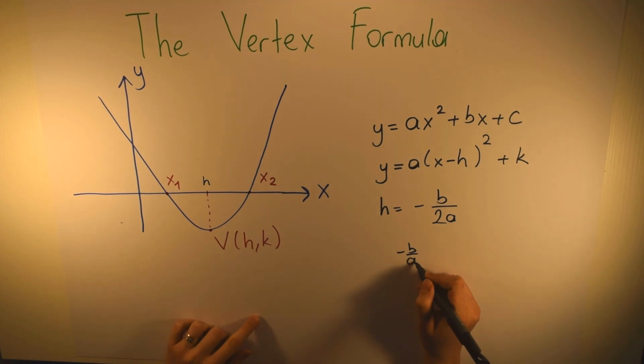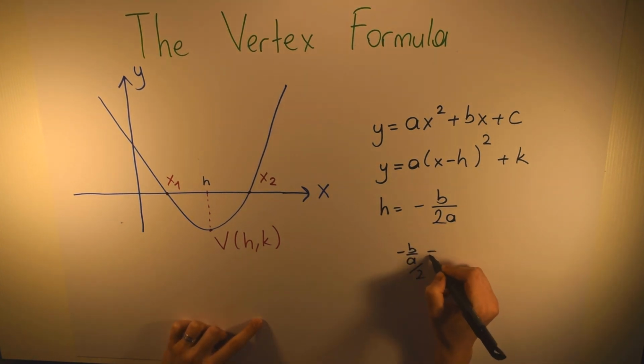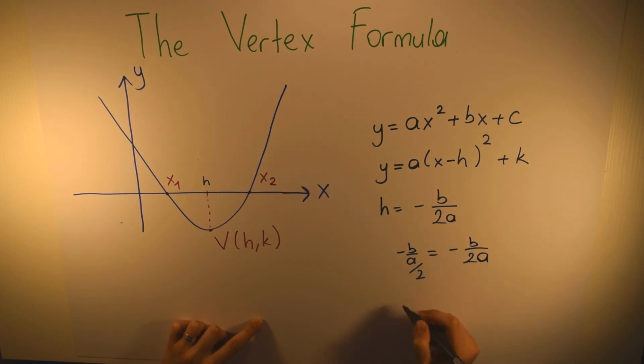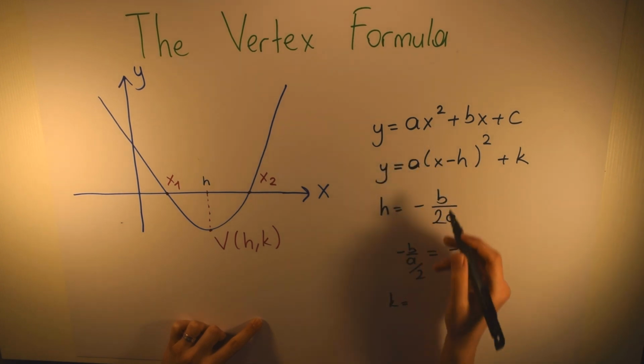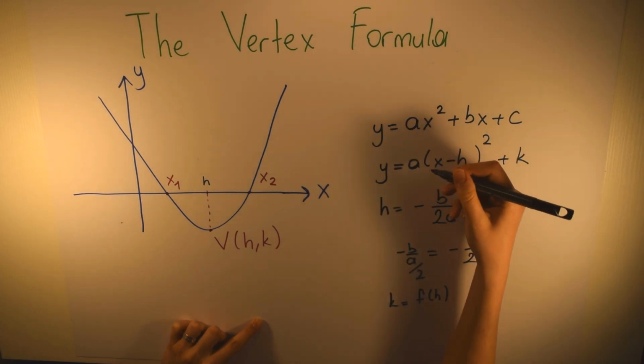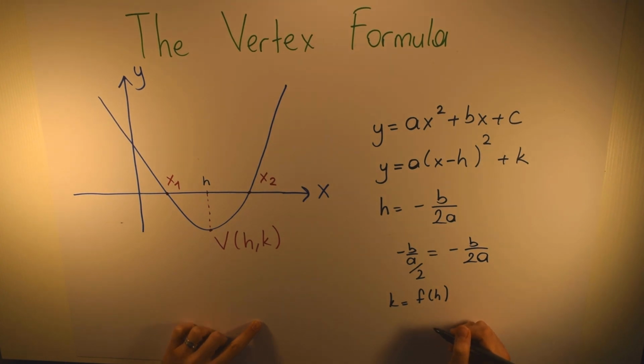So that's why we also divide this formula by 2 to get point h, which is equal to minus b over 2a. To find k, you simply put this value in your equation. So k is equal to f(h). Instead of x, we put h and we will find k.